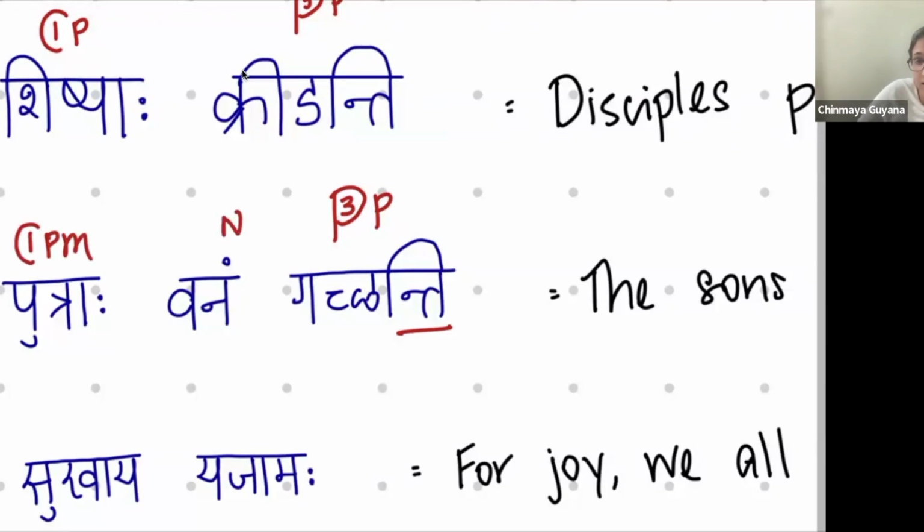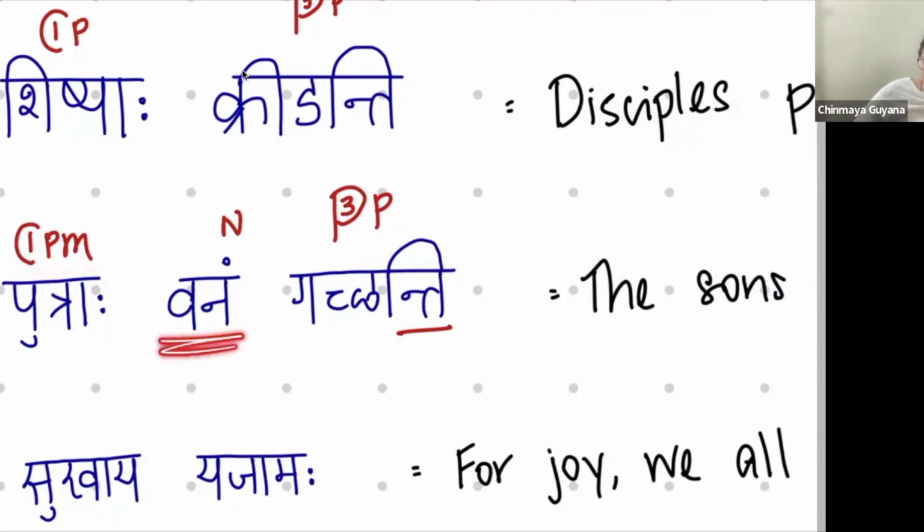And vana in first case is vanam. So if you had not looked at this sentence and figured out that the verb is third person plural, then you might have said, well, vanam could be the subject, because vanam is first and second. But because this is plural, vanam cannot be the subject. The subject has to be plural. And the only plural word here is putraha. So putraha is the subject.